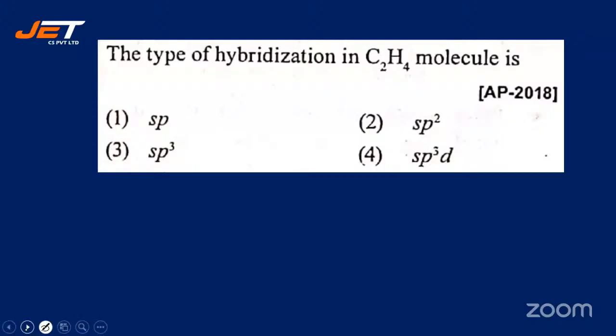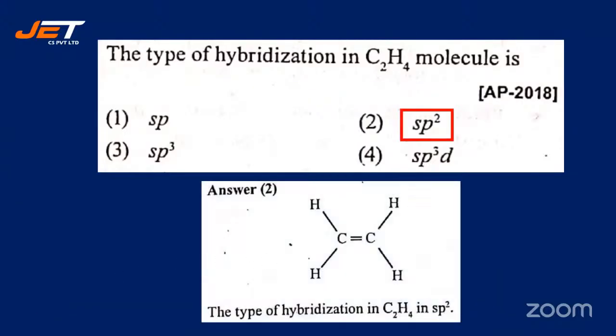No one answered this question. So the answer is sp2 hybridization. If you see the structure, the type of hybridization in C2H4 is sp2 hybridization.